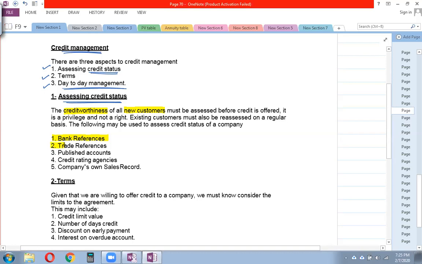You can do trade references, like you can ask other people, for example, if they are buying from someone else, maybe you can contact them and ask if they are good customers or not.